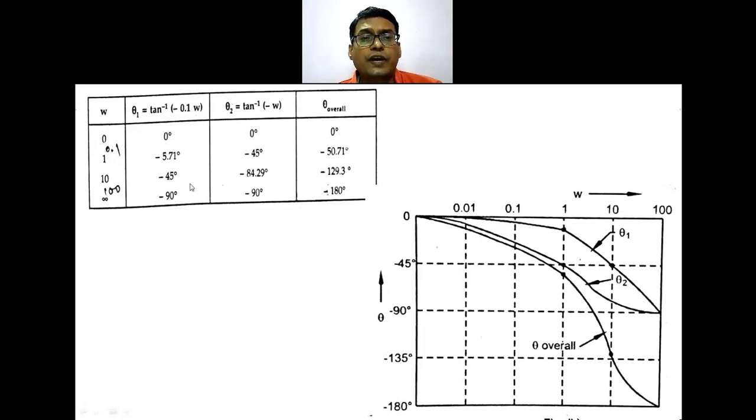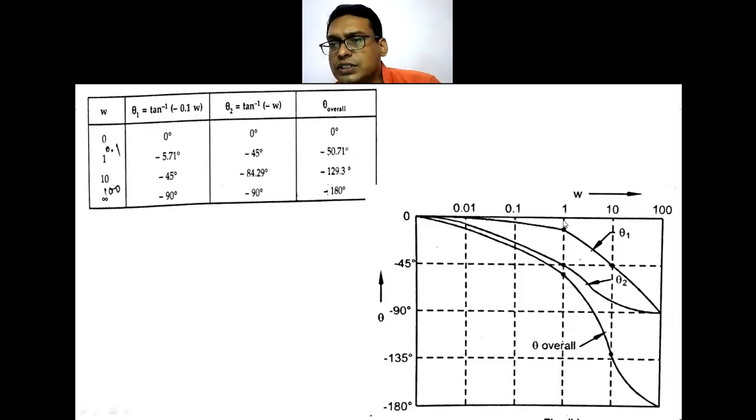So for phase angle 1, this is theta 1, the values are 0 to minus 90 for omega tending from 0 to infinity. So for omega 0.1, the phase angle is minus 0.571. For omega 1, the phase angle is minus 0.571.